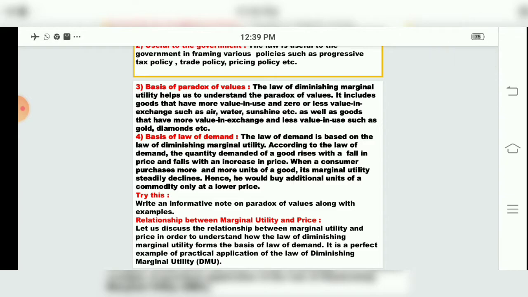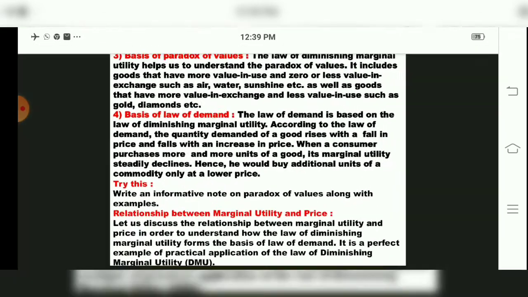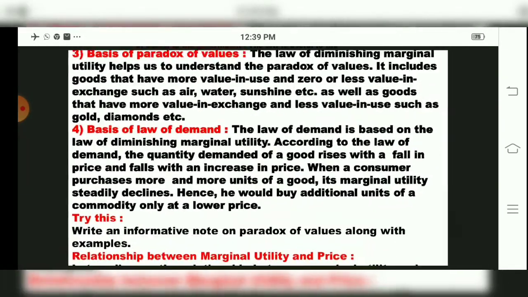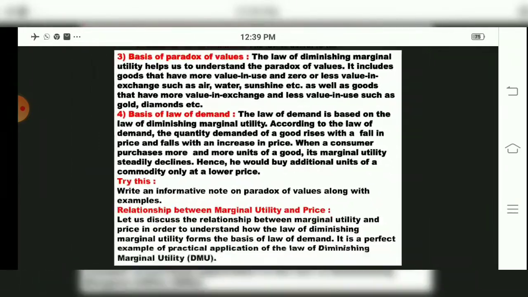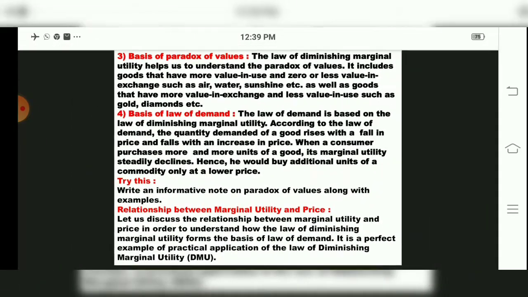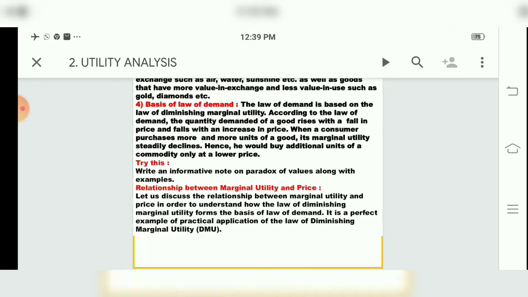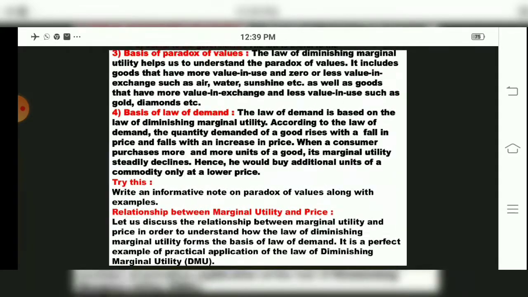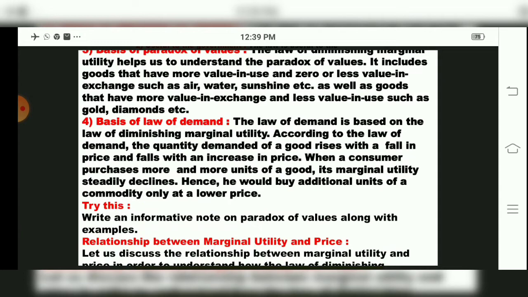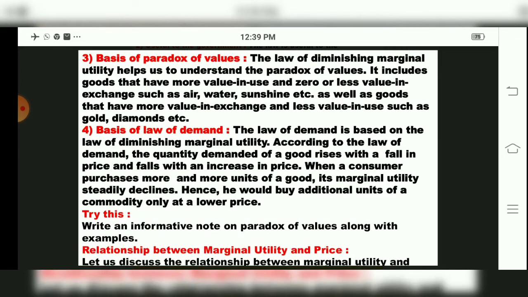Why is it helpful for the government, children? Because this law helps in fixing the policies. Whichever policies the government makes will be related to taxation and trade. These policies can be framed with the help of the law of diminishing marginal utility.